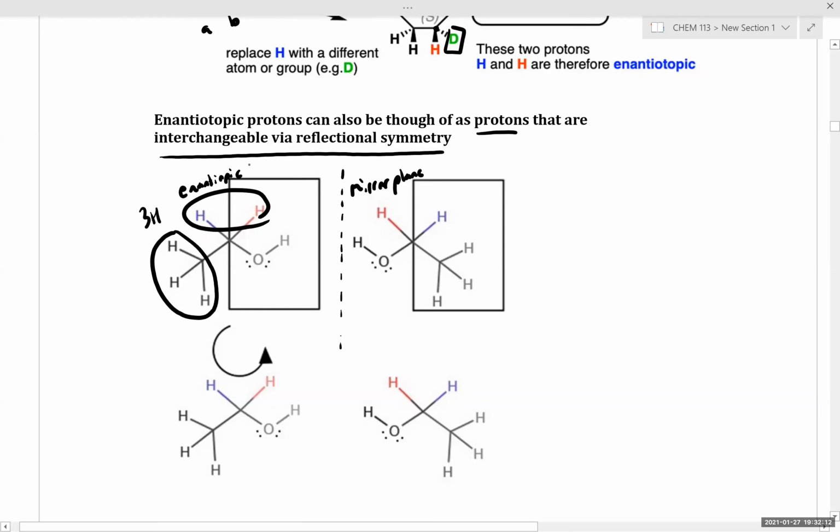They have the same chemical shift and same chemical environment. And we have one proton from the alcohol. So we'd see three signals. We'd see our alcohol, we'd see our methylene group, and then we'd see our methyl group.